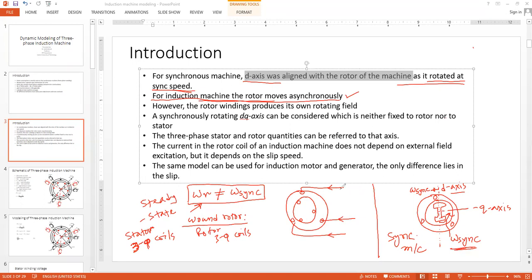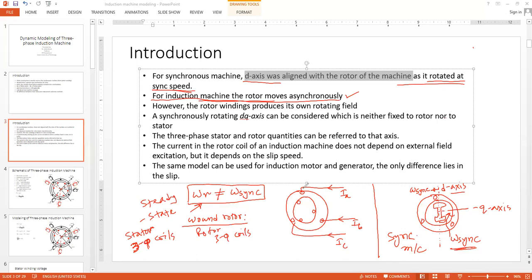Basically, we provide a 3-phase current, or 3-phase voltage, whatever 3-phase supply is given. Remember, this 3-phase balanced supply is given to a 3-phase balanced set of windings in the stator. So there are 2 conditions: 3-phase balanced supply and 3-phase balanced coils, meaning they are wound so that they are 120 electrical degrees apart from each other.